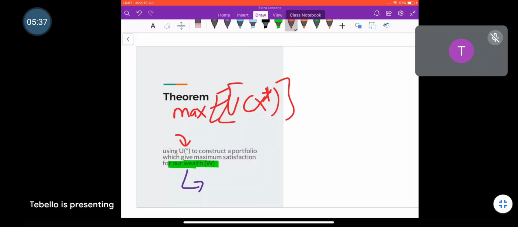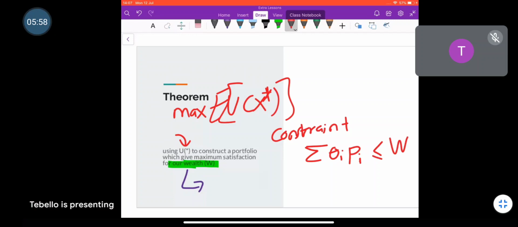And then you also have a constraint. Your constraint is going to be your wealth. So the amount of shares that you buy is going to be less than or equal to your wealth.